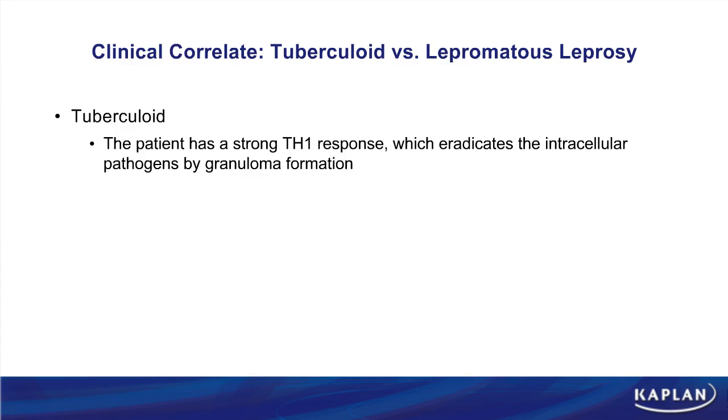So these are some of the buzzwords that you might see in the clinical vignette, especially, and this is the one word that I always look for with these clinical vignettes, if they say the biopsy revealed a granuloma, I'm done. It's tuberculoid. It's a Th1 response.